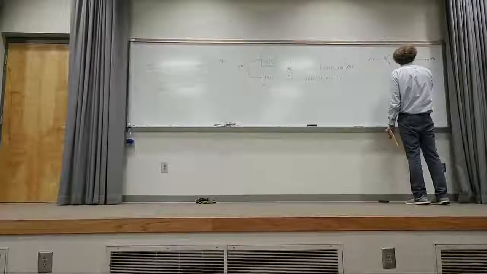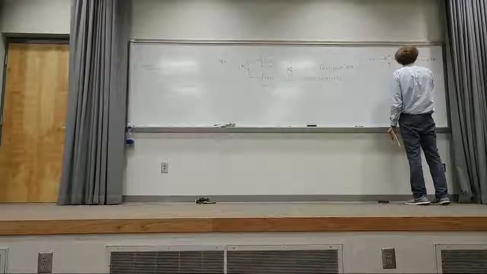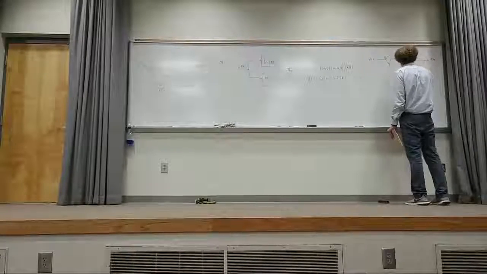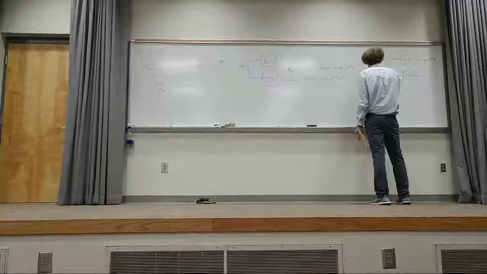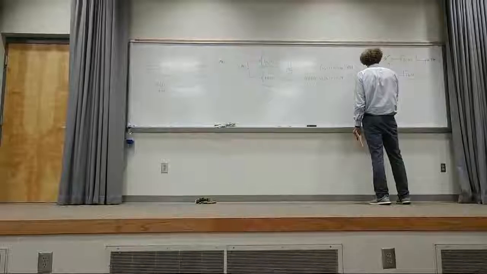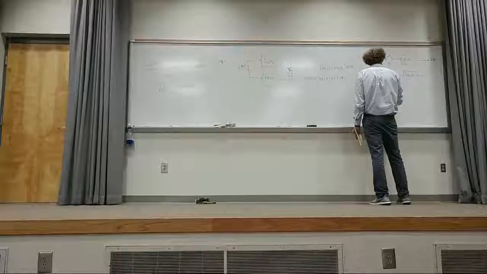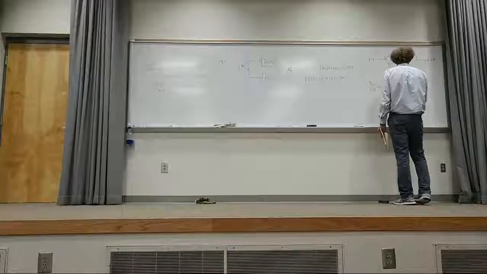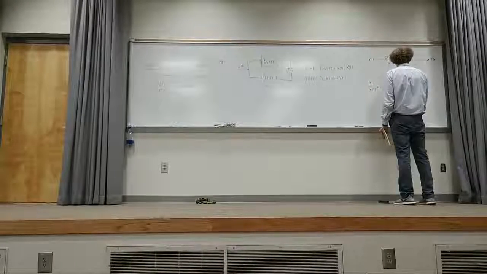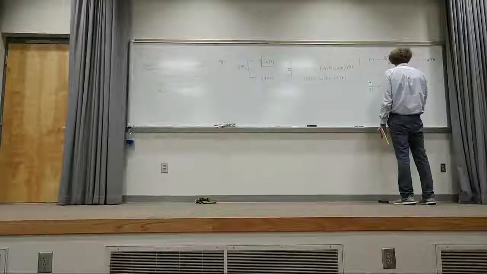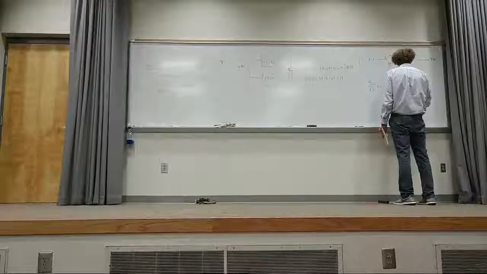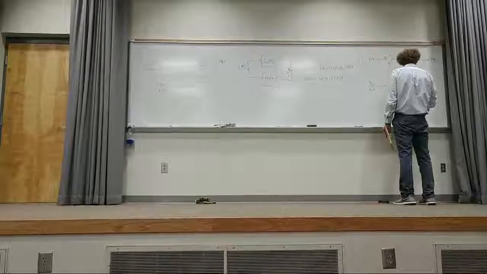It comes back through the negative feedback, H2 of Z. And we said that Y over X of Z here was equal to the total transfer function H of Z, and that boiled down to simply H1 of Z over 1 plus H1 of Z times H2 of Z.